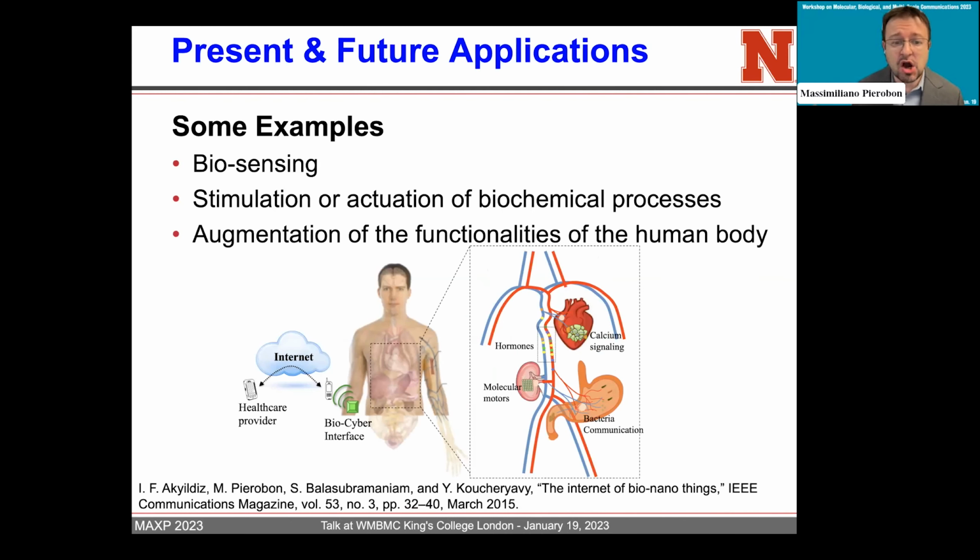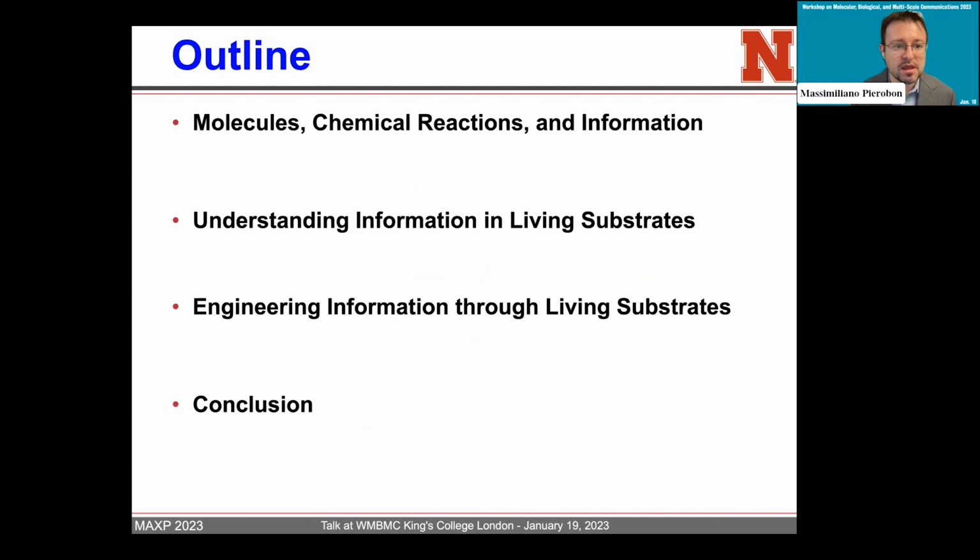And finally, augmentation of the functionality of the human body as a support to implantable and wearable devices, in particular to create connections among them using molecular means, which in a way might be more natural and biocompatible than other kinds of communication channel technologies.